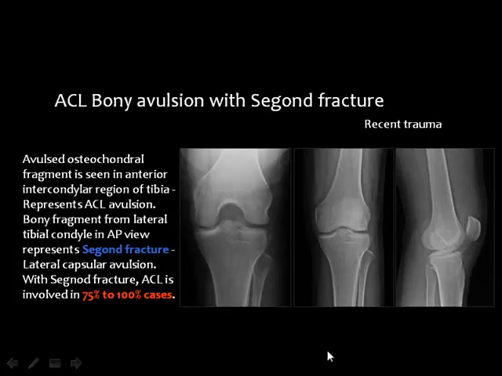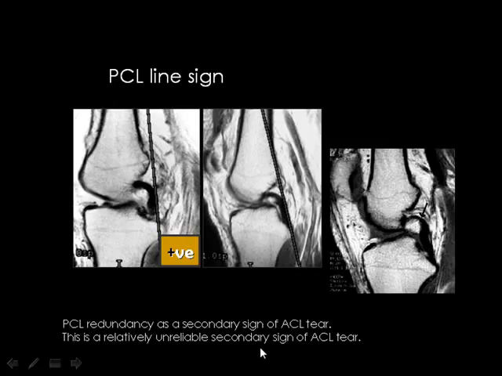Then you can diagnose rupture of the ACL from the plain X-ray by two findings. Number one, fracture of the insertion site. Number two, the presence of the Segond fracture. Then, if the ACL is ruptured and the tibia is displaced anterior, the posterior cruciate ligament has a horizontal component and a vertical component.